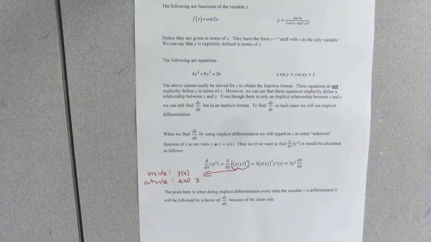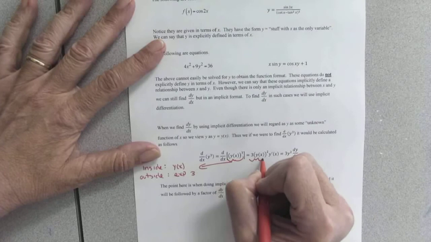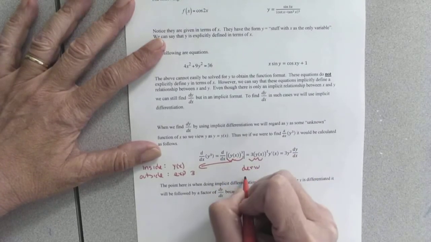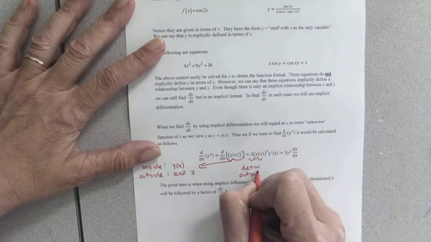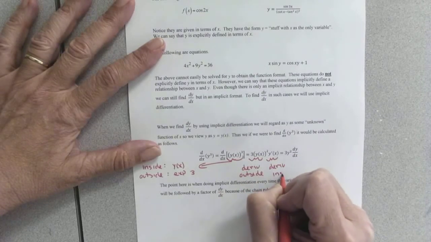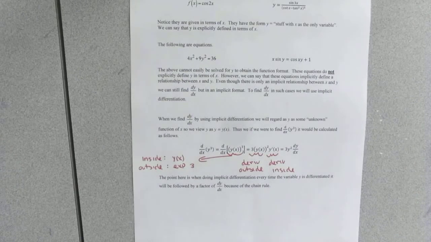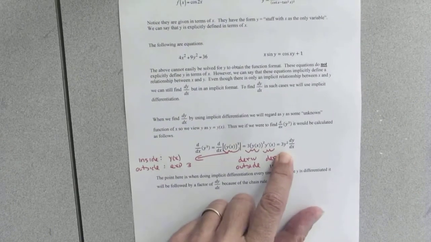Exp stands for exponent. And so when I do this, I'm going to do a chain rule. There's the derivative of the outside, there's the derivative of the inside. And then just switching notations and getting rid of the of x, we end up with 3y squared dy dx.